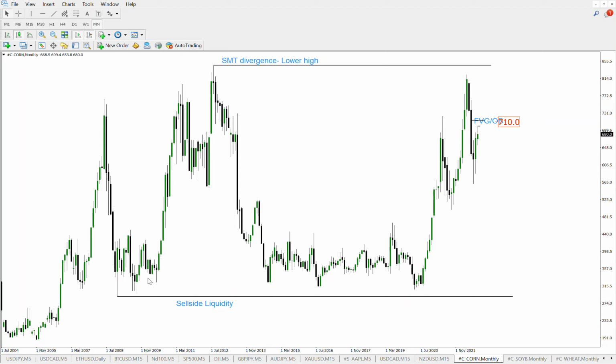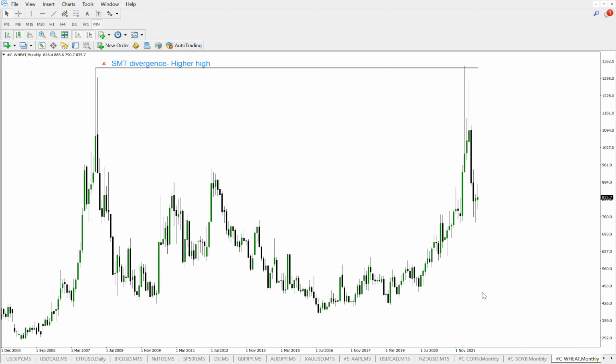Does this look appealing to anyone? It looks appealing to me. We had the SMT on the monthly here with wheat. What is that indicating to us? It's indicating that institutional order flow is now bearish.